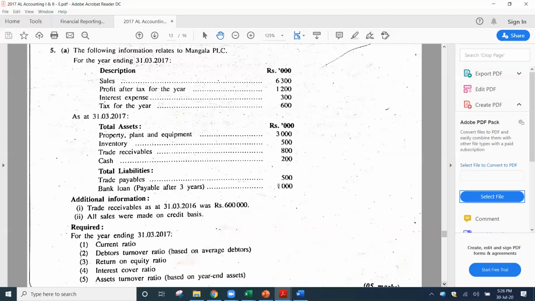First ratio, the current ratio. So how do you calculate the current ratio? Current ratio is equal to current assets over current liabilities.